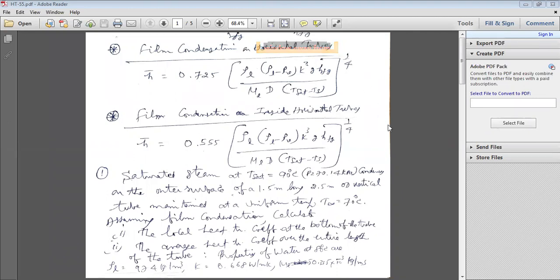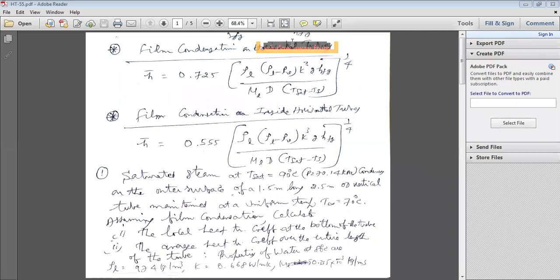Okay? So these are the formulas. For the vertical plate, I gave it yesterday. Whenever the vapor condenses on the outside surface of the horizontal tube, this is the equation. Whenever the vapor condenses inside the horizontal tube, this is the equation. Now we'll solve some problems on condensation.